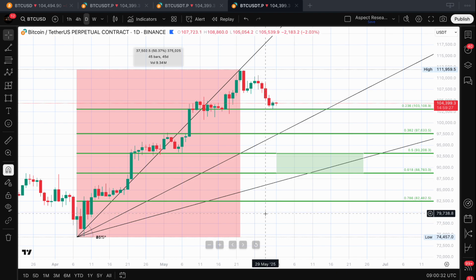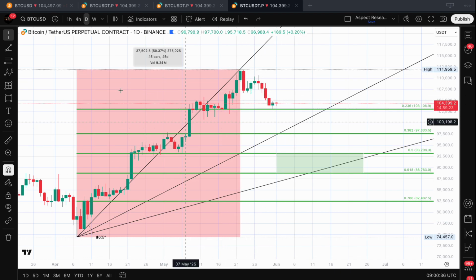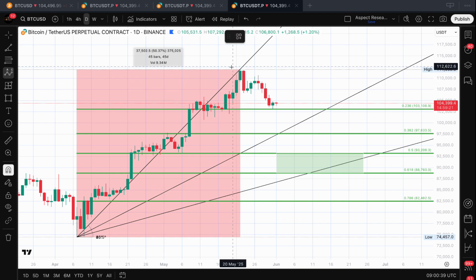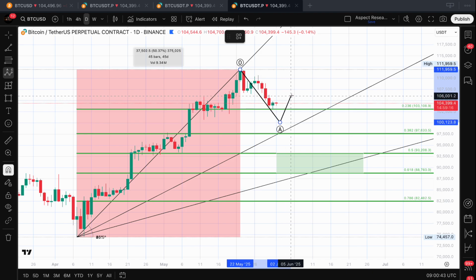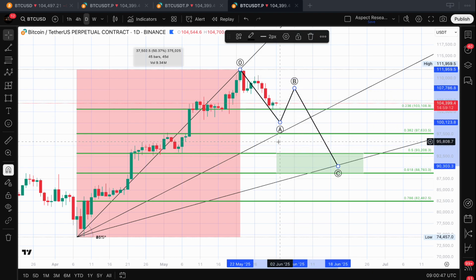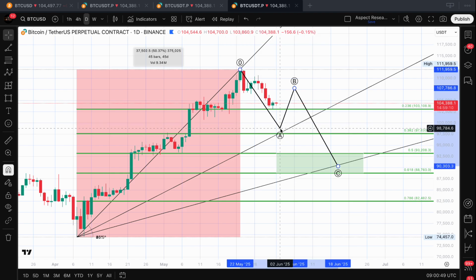Now, we don't know what the price is going to do next, but my basic premise is that the price is going to correct in an A, B, C. Okay? Now, I don't even know if wave A is finished. I think that wave A needs to go a bit lower.